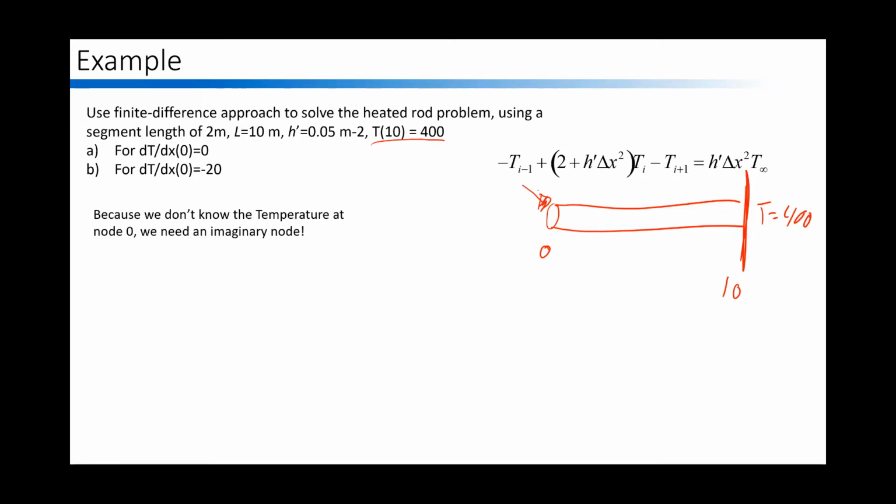At the other end, we can say that dT/dx is 0, or dT/dx is -20. We'll solve both of those out.